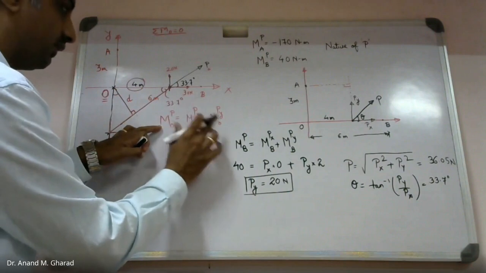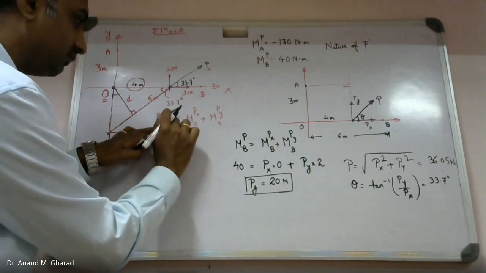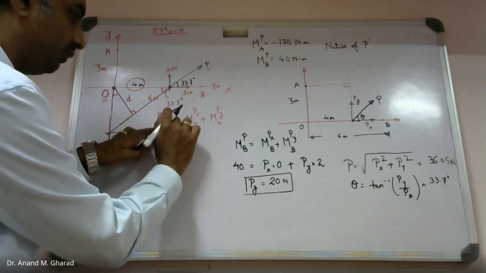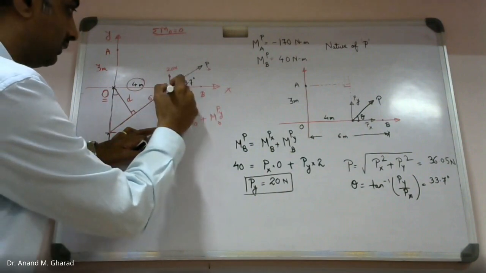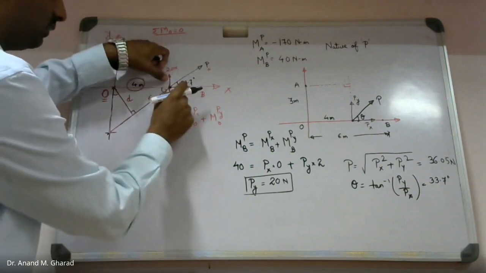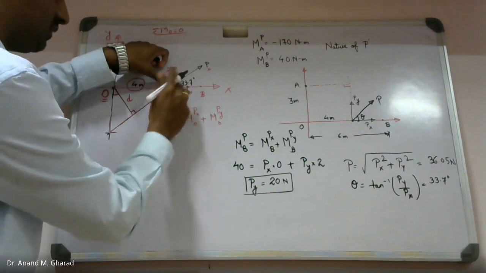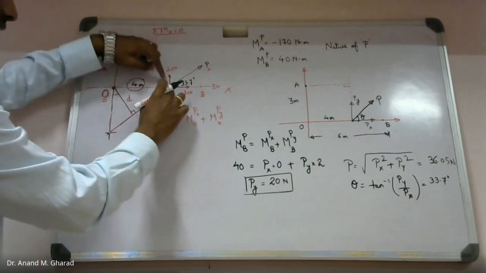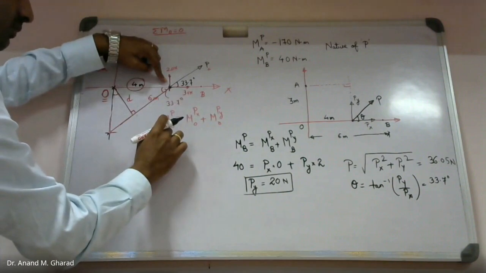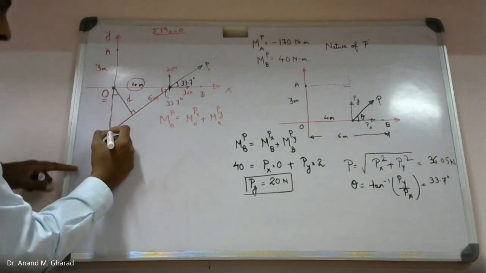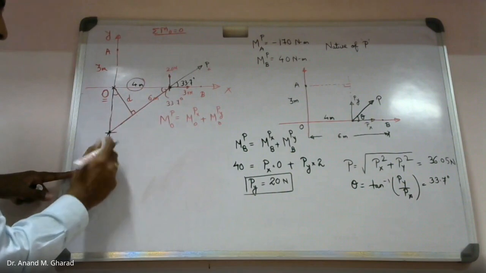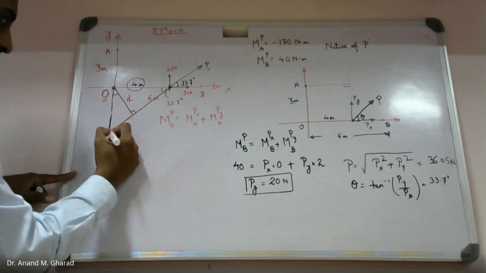Okay. So what I will do is moment about point O due to P. I have got two locations. That is, this is the location where I can use this Varignon's principle. Also, I can make use of this Varignon's principle at this location. Okay.